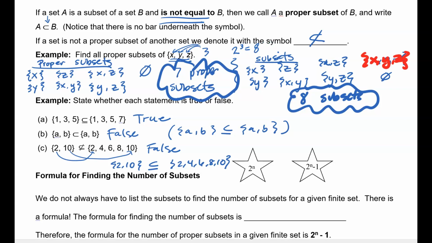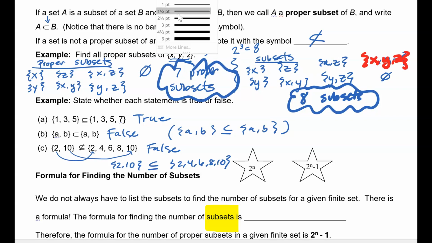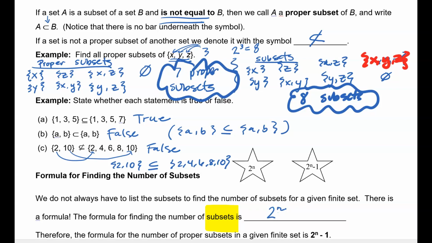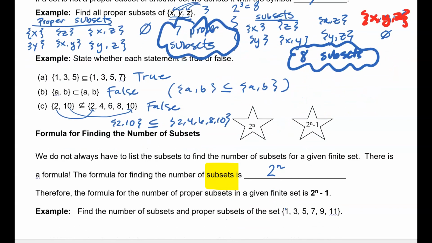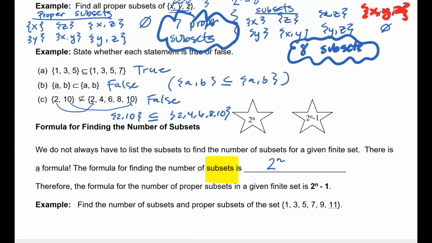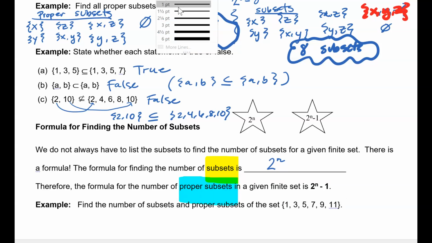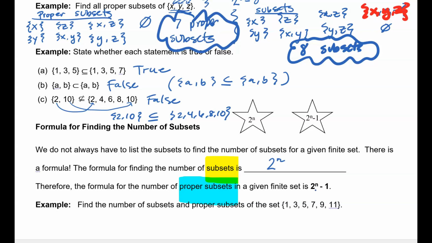So the formula for finding the number of subsets, and I'm going to highlight this, is 2 to the nth power. And the formula for finding the number of proper subsets, so I'll highlight that too, is going to be 2 to the nth power, minus 1. So we're going to subtract the 1 there.